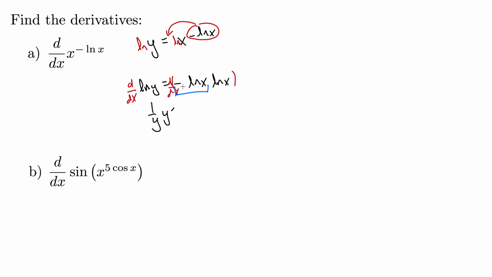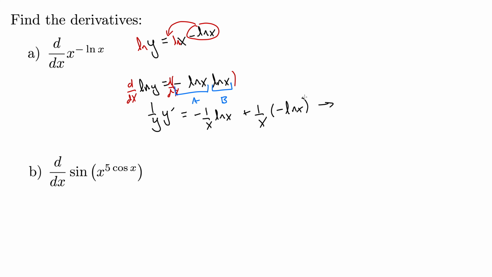I'm going to treat negative natural log x here as my a, and the second natural log x as b. Then recall that the product rule is a prime b plus b prime a. So we have a prime, negative 1 over x, times natural log x, that's a prime b, plus b prime, 1 over x, times a, negative natural log x.